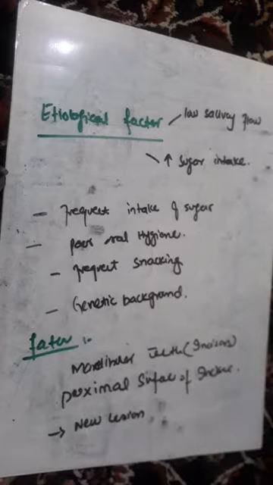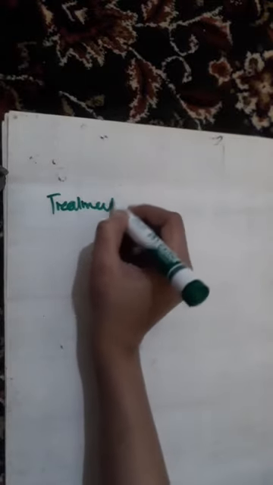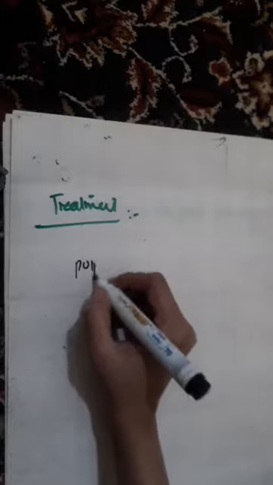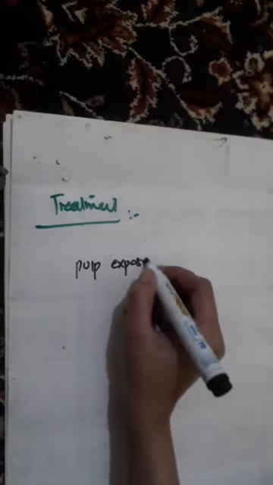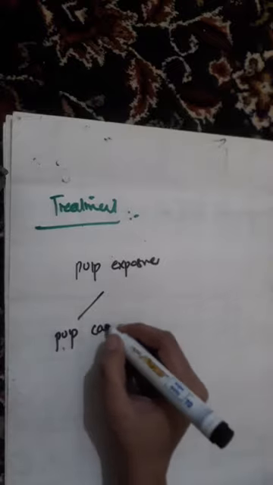Now moving toward the treatment. What are the treatment factors? As we have studied earlier, rampant caries involves the pulp, so treatment will be symptomatic. It depends upon the level of the pulp exposure. It might be pulp capping, pulpectomy, or pulpotomy.